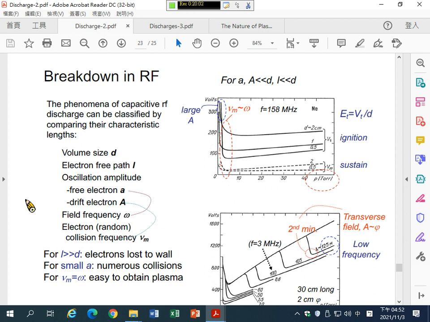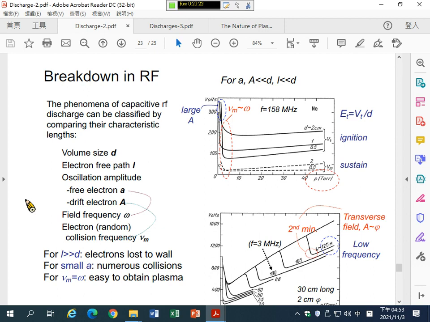also electron oscillation, but these electrons are drift electrons. Since there are gas atoms in the system, when electrons travel, they might collide with a gas atom and then change their direction of motion.